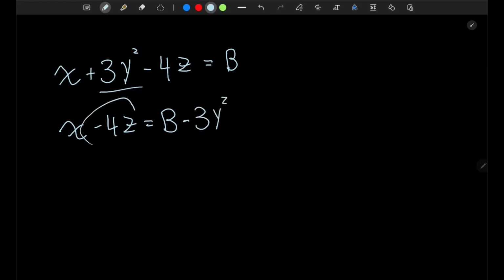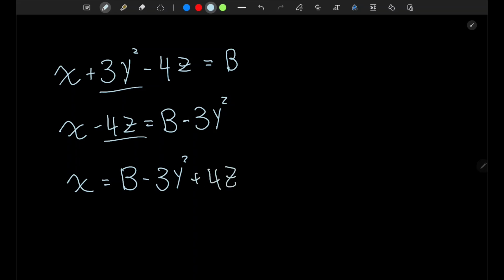And then let's look at this minus 4z. We want to push that over too. And so we're just going to move that directly over and change the sign. So we have x equals b minus 3y squared. Take that 4z, push it over, change the sign so it's plus 4z.